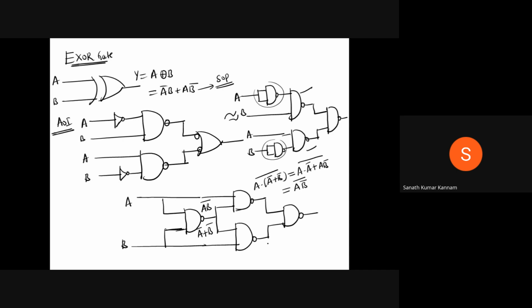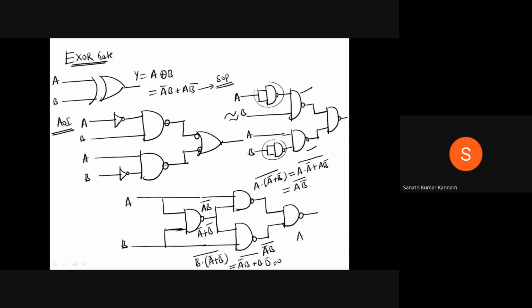Here also like this, you will get A bar B whole bar. If you do B and A bar plus B bar, whole bar, so this is A bar B plus B and B bar whole bar. Anyway, this is 0. So you are getting A bar B whole bar.